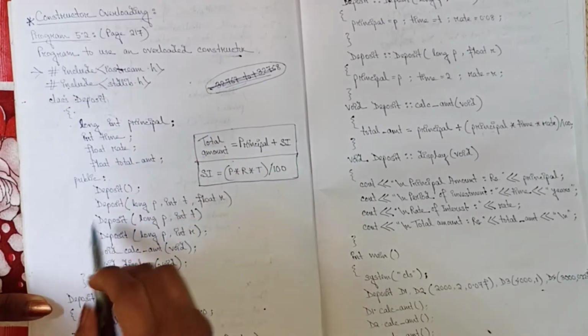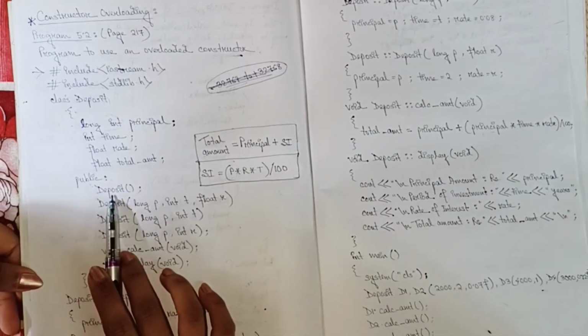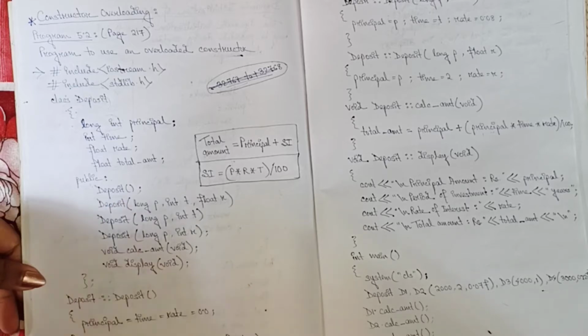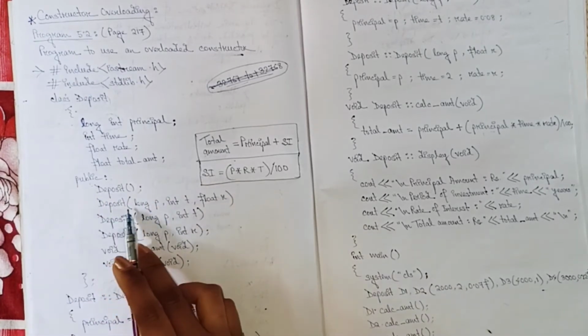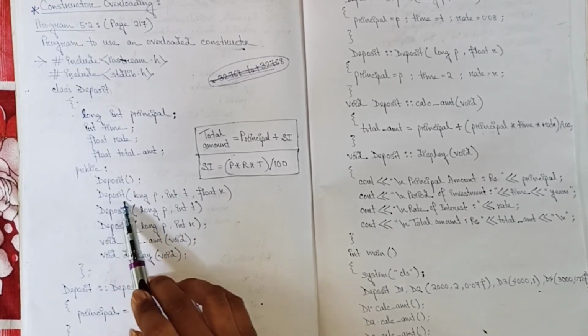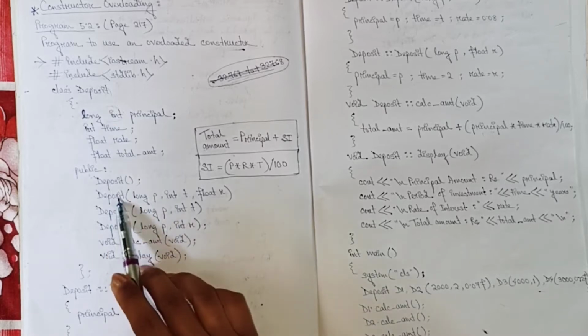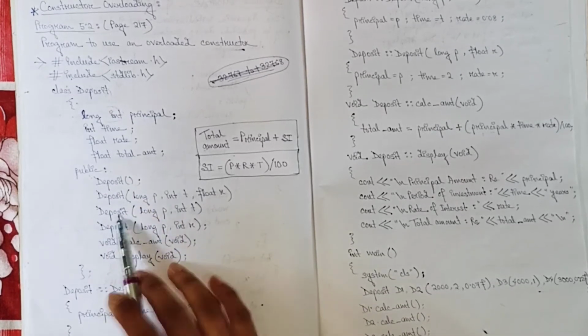Now you see in the public section we are defining the constructors. The first constructor is the default constructor, that is deposit. Now you come here, another constructor. Here we are using overloaded constructors, meaning we are using constructors in different forms.